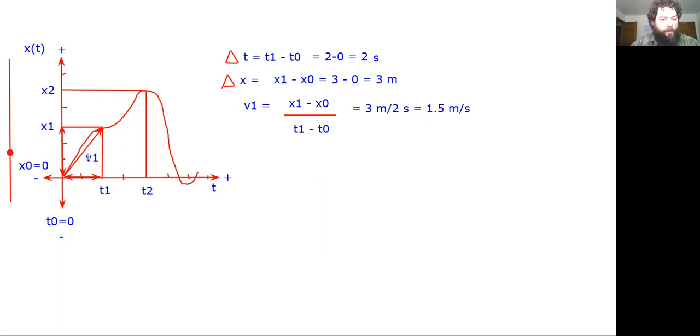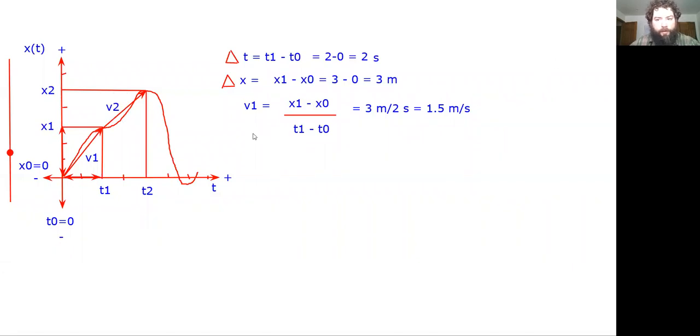So that is our velocity V1. And we can then find velocity V2. So that's going to be V2. And actually, I'll move that over there.